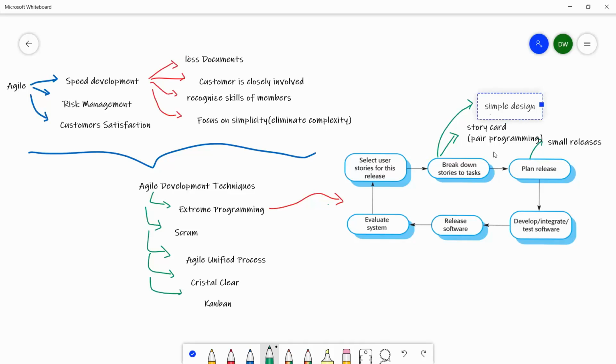Right? So when we have this pair programming and the story cards, another thing will happen. I write it here, it is given here. They can develop test plans as well, so at the same time they are developing their product, they can test. That is given here, so I'm not going to write it up there.